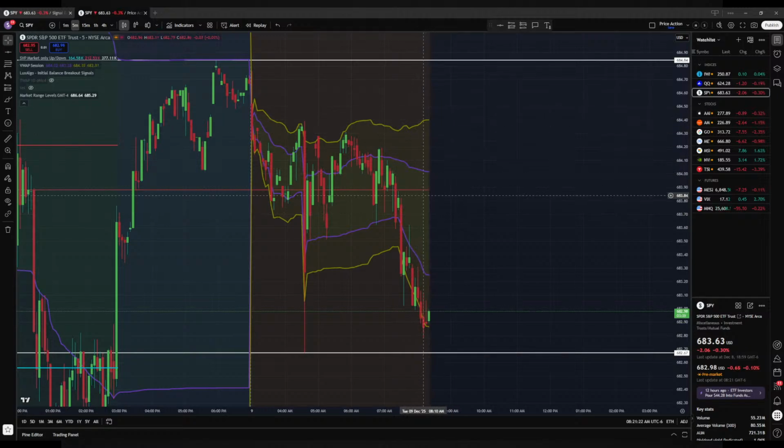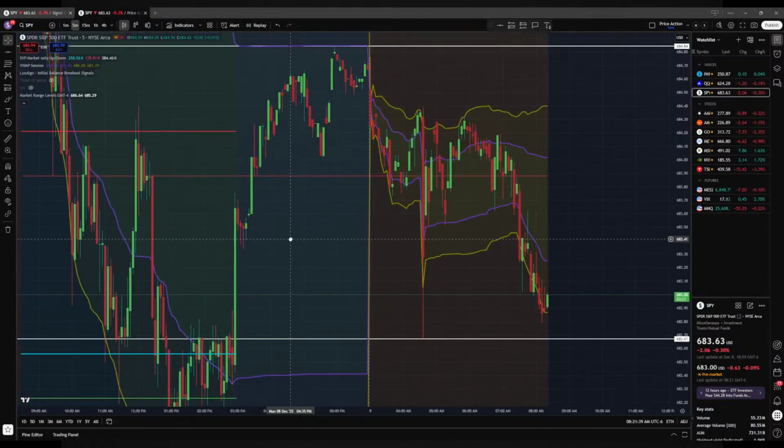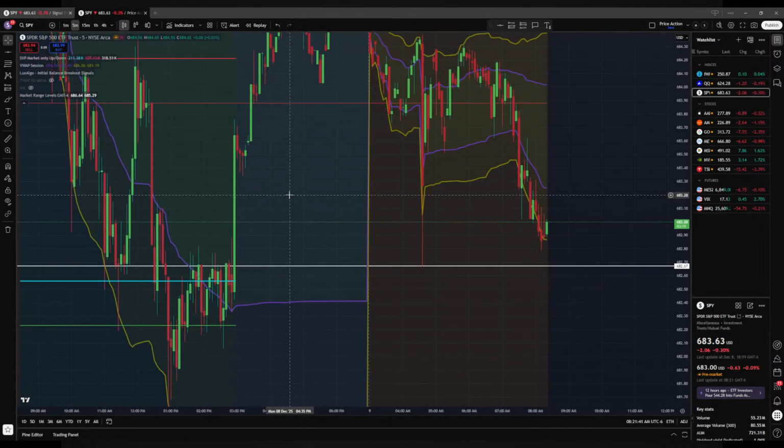So those are take profit levels. The overnight high and low, those are take profit levels that we can use as targets. And then our VAH and VAL, we could use those. Or sorry, we don't use those as targets. Gosh, my brain is not working today.